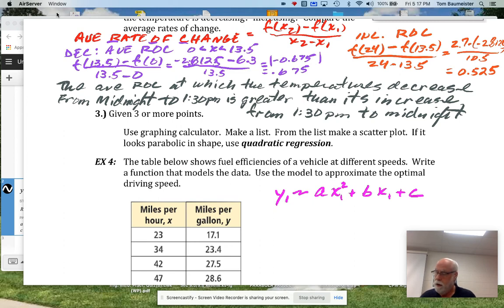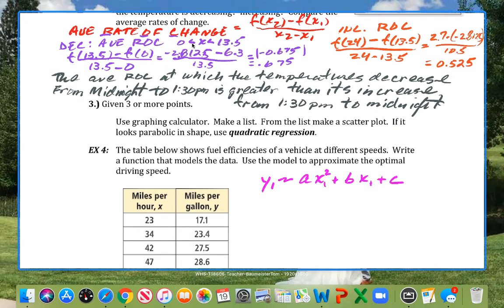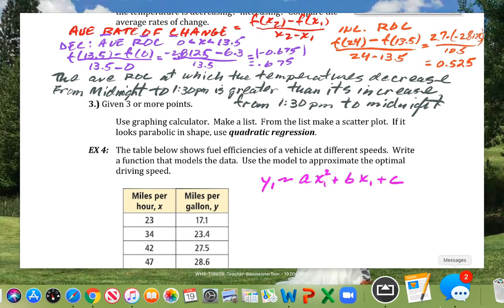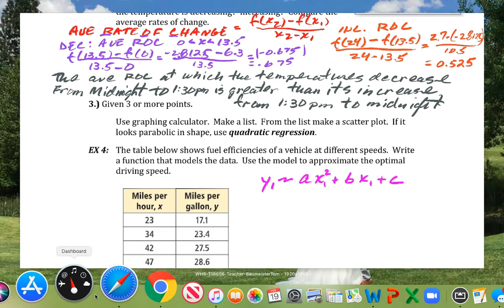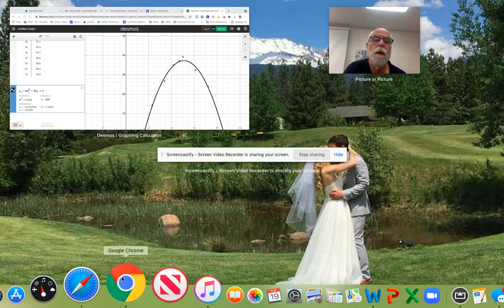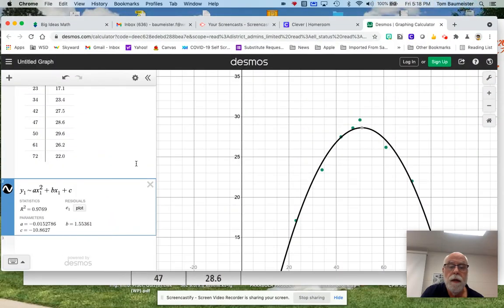So with what we just said, if we go back there, so look at it real quick. Okay, look at what our A is, what our B is, and what our C is. All right, so I'm going to put those in.